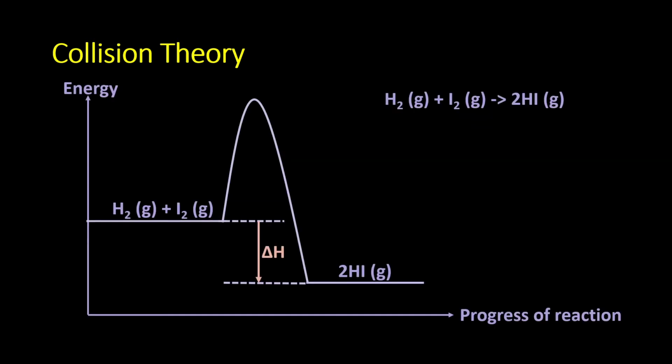Where should we label the activation energy in the energy profile diagram? Activation energy refers to the minimum energy required by the colliding reacting molecules in order to initiate a reaction.